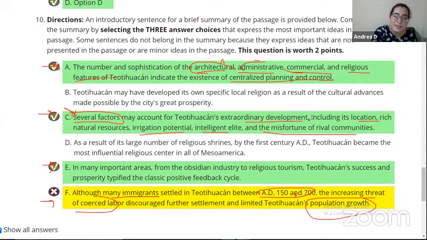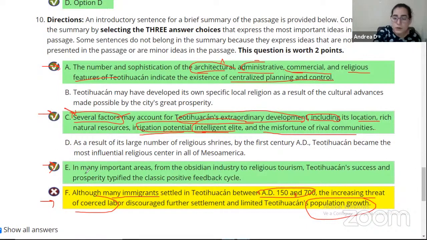So again, C is a very broad one. It's talking about the extraordinary development of Teotihuacan and why it was like that, because of several factors, and we have some of them. But it's not just about one thing, not just about the elite or the irrigation potential. It's about the whole thing as a whole.